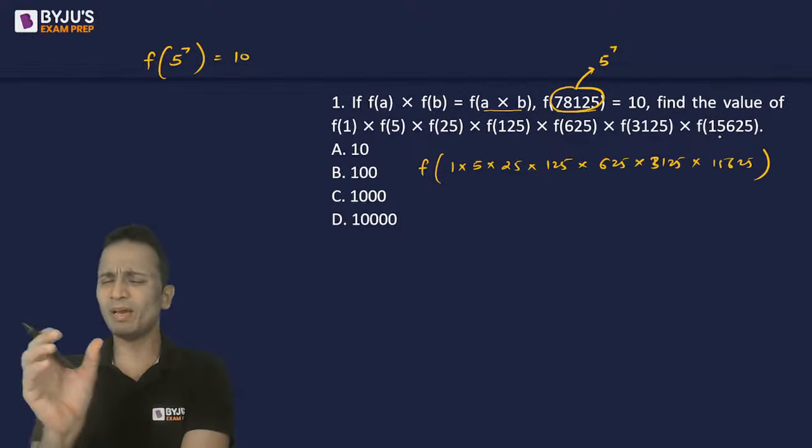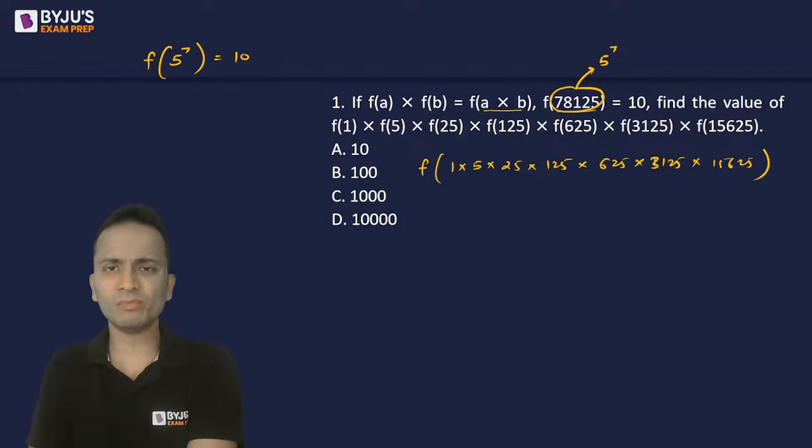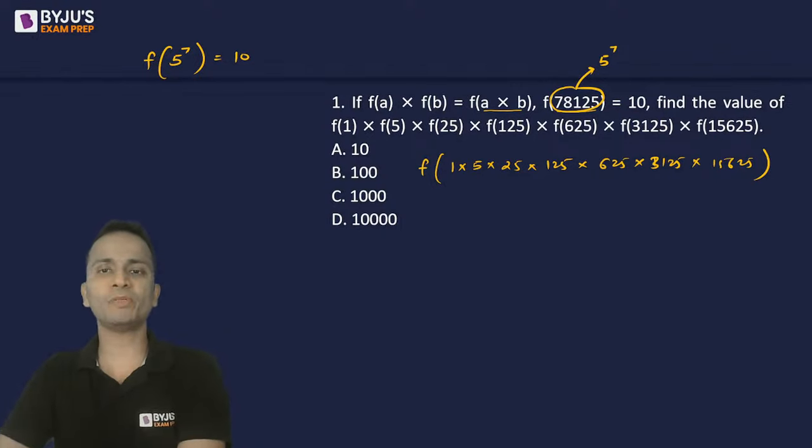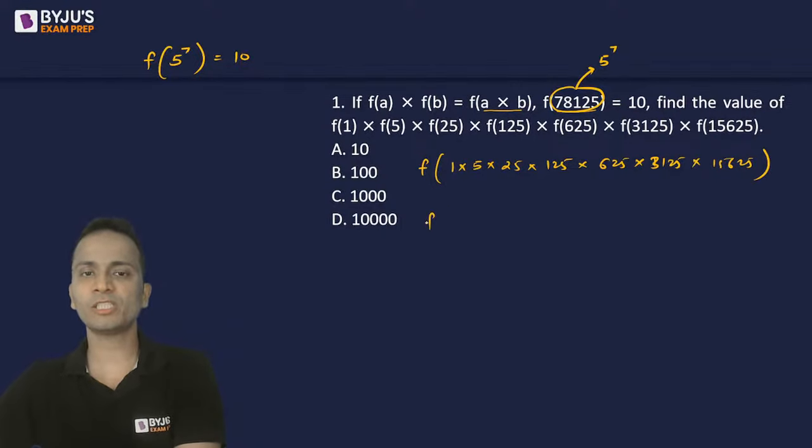Keep combining two terms at a time, and you will obtain this relation. So this entire expression, I'm now writing as 5 raised to the power 0 multiplied by 5 raised to the power 1 multiplied by 5 raised to the power 2.